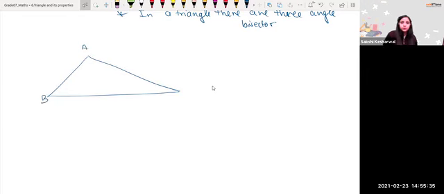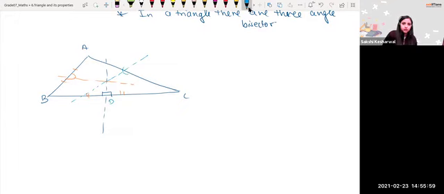Let us suppose this is the perpendicular bisector of PC, this is going to be the perpendicular bisector of EB, and this one is going to be the perpendicular bisector of PC, right?